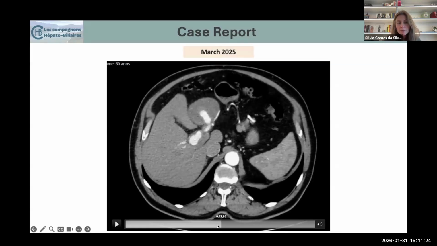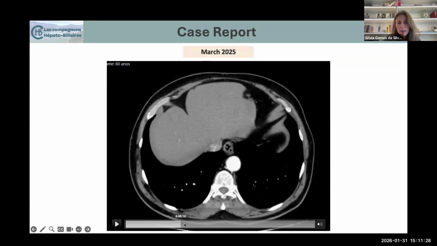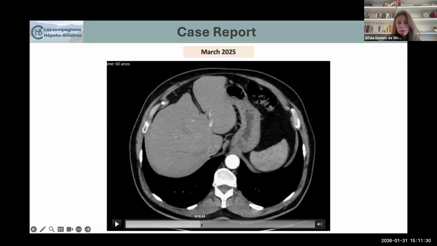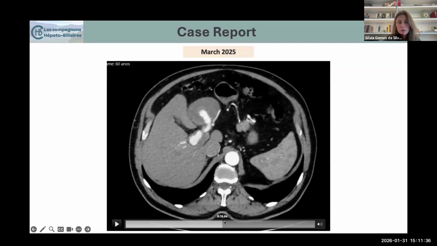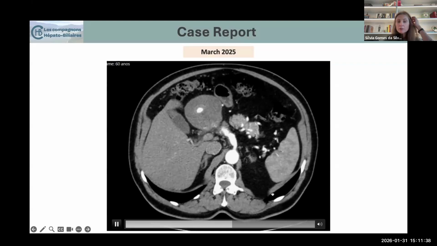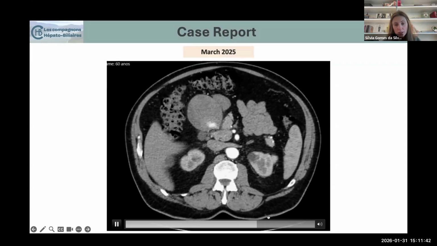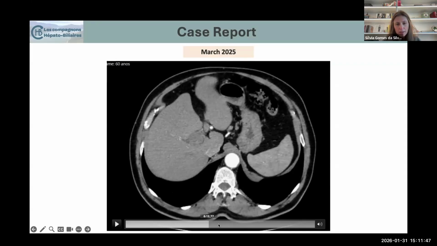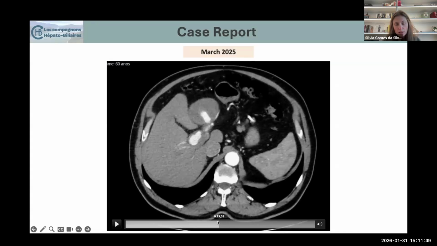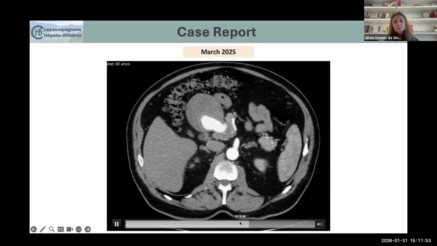We can see here, we thought that we have a left branch of an artery to the left side comes from the left gastric artery here, and goes along the wall of the aneurysm.